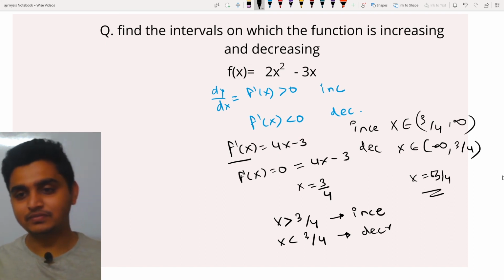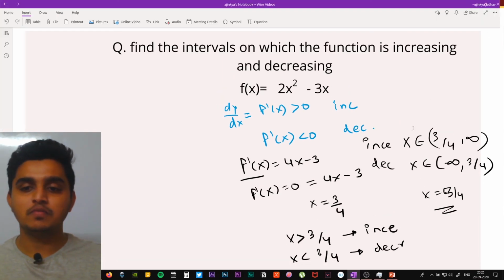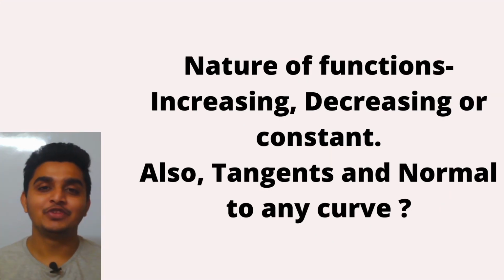So now you have understood two major things. First is the nature of functions, which is what we have learned today, either increasing, decreasing, or constant.